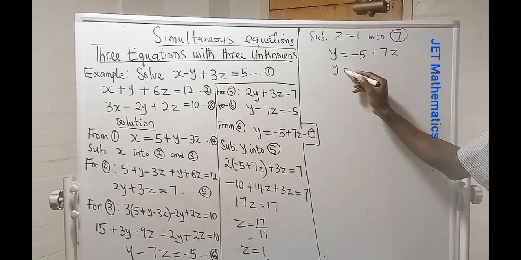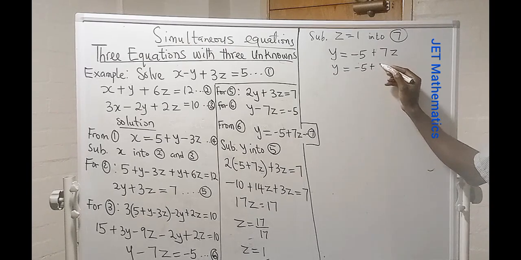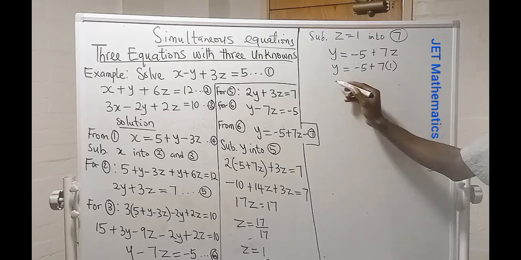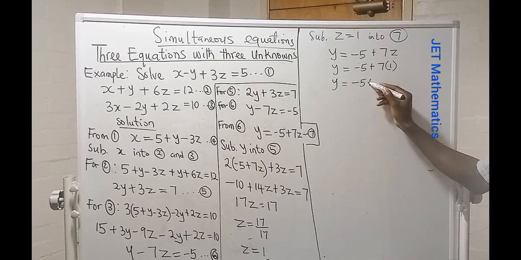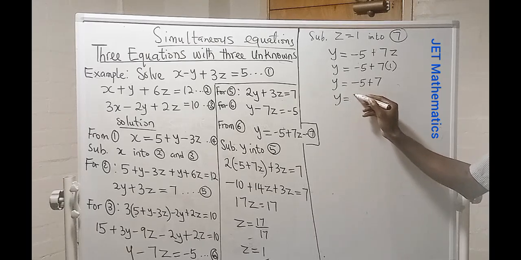So y is equal to minus 5 plus 7, as z is 1. So y equals minus 5 plus 7. That's y equals 2.